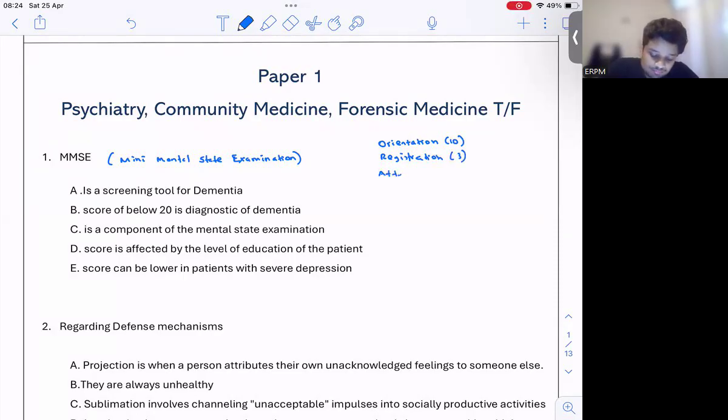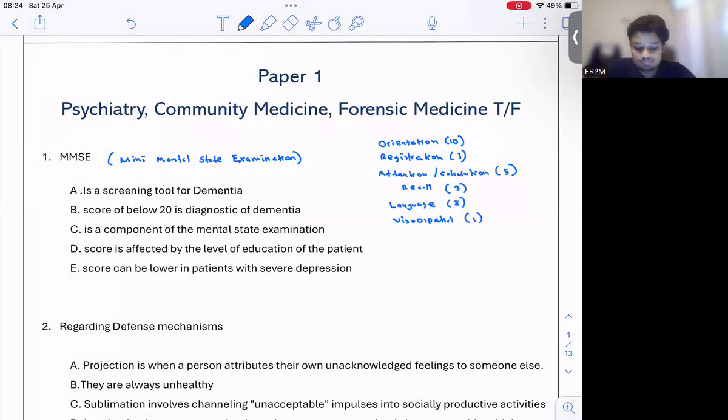Then attention and calculation, around 5 points. Then recall, mainly memory, 3 points. Then language, 8 points. Visual spatial skills, just 1 point.